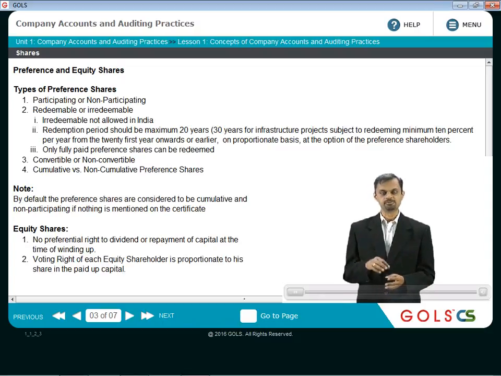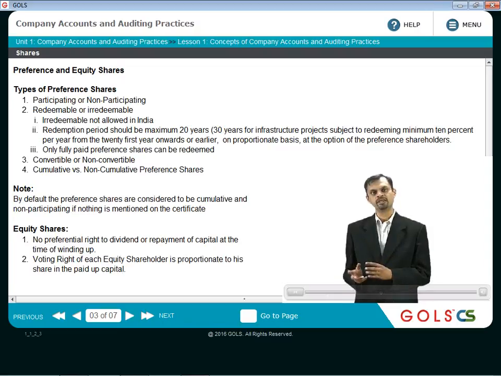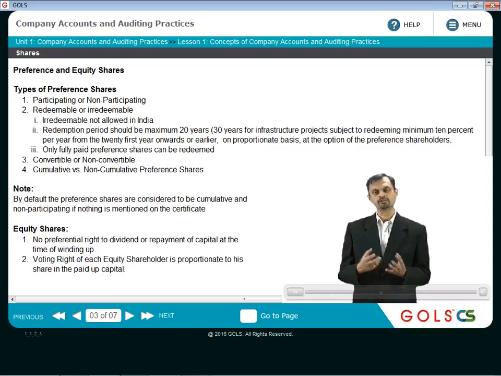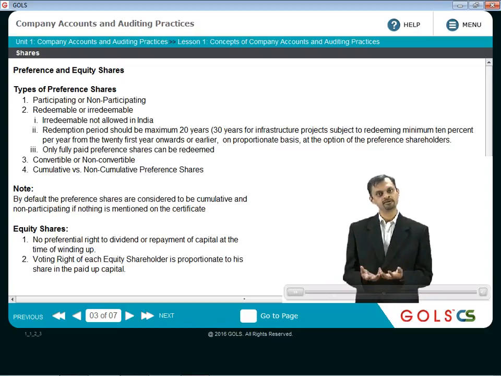But if these preference shares are participating preference shares, then out of the leftover profit, not only the equity shareholders will get the dividend, but along with them, again simultaneously the preference shareholders also will get the dividend out of the leftover profit. So they first of all get their fixed rate of dividend, which is in our example 12%. On top of that, out of the remaining profit, they will get the dividend along with the other equity shareholders.